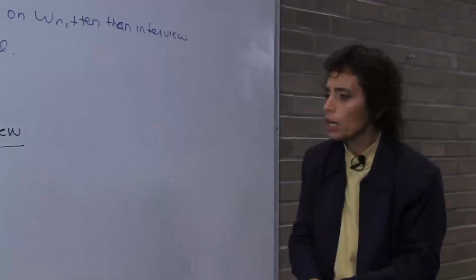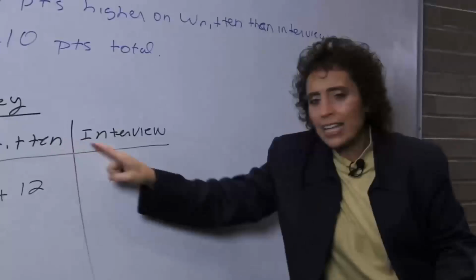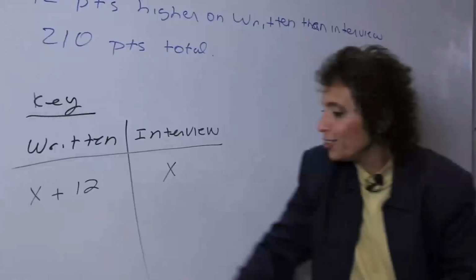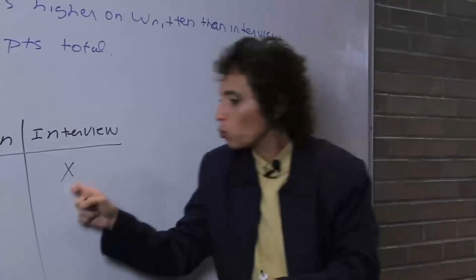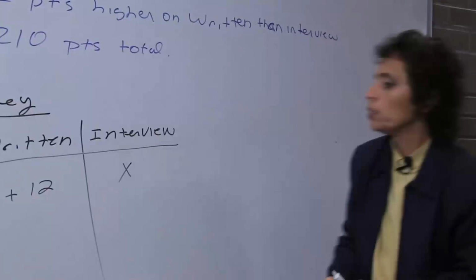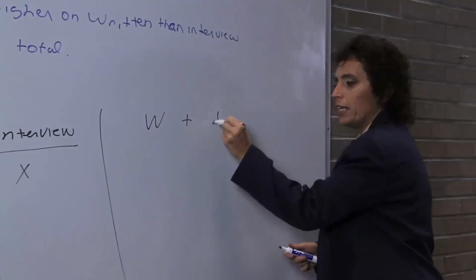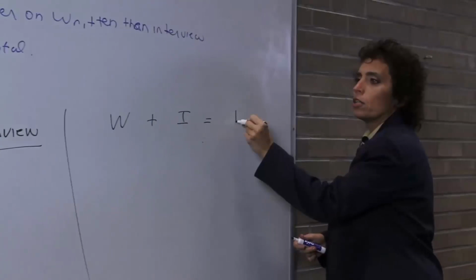It's important not to just write 12 here. You didn't score a 12. You scored a 12 plus whatever she did on the interview. Now we know the written plus the interview equals 210.